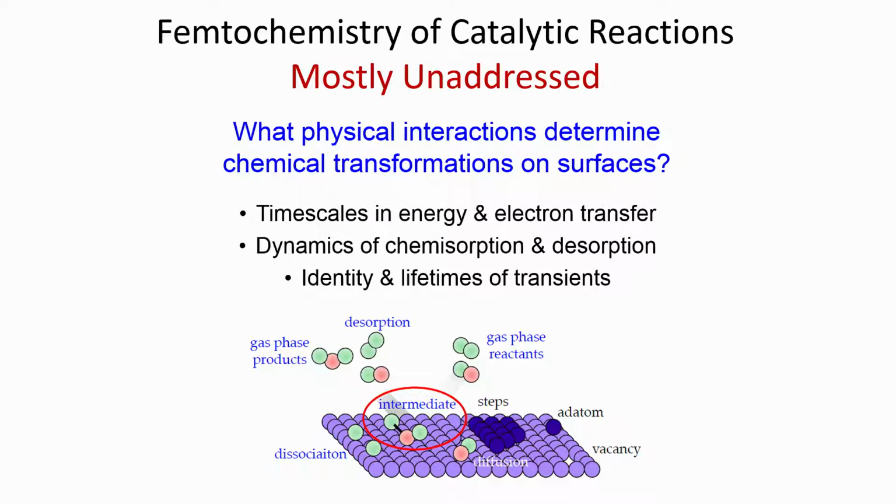Now, in my opinion, as I told you, this is an account of my perspective of looking at heterogeneous catalysis. And in my opinion, the femtochemistry of catalytic reactions is mostly unaddressed.